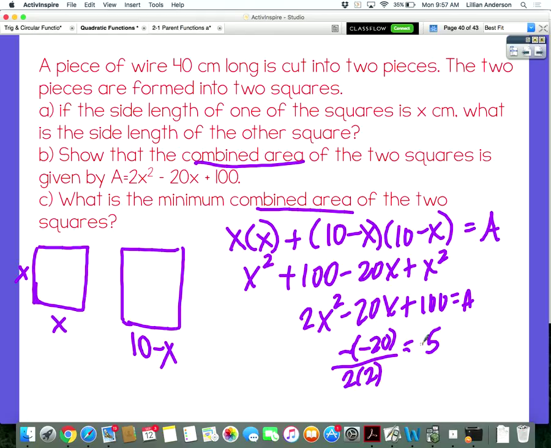So that right there would tell you what the length would have to be of these squares. Obviously, they were equal. So then you would plug it in: 2 times 25 minus 20 times 5 plus 100. That's 50 minus 100 plus 100. Those cancel out. So yes, it would be 50 what?